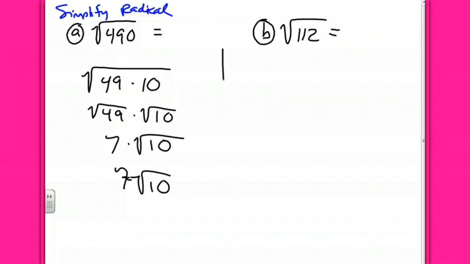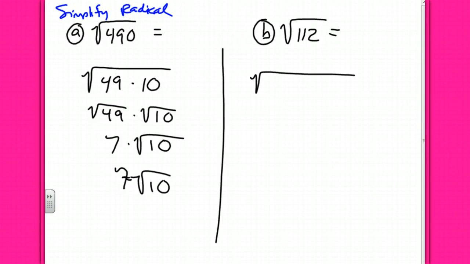Okay, how about 112? What factors are in 112? And if you don't know right away, there's an easy one. It's an even number, so we could say, Spencer? You think 12 can go into 112? No. 12 times what is 112?